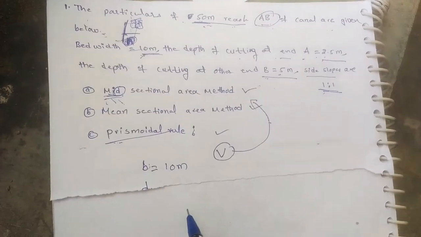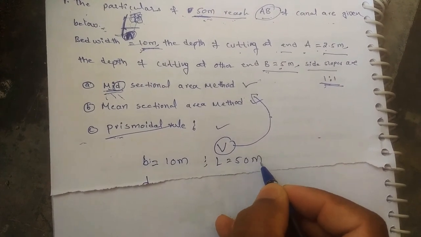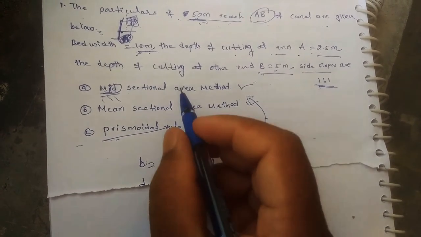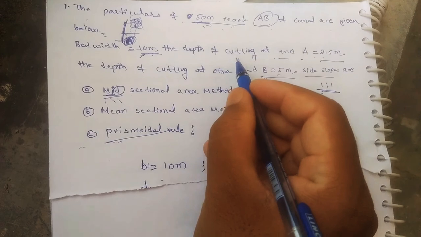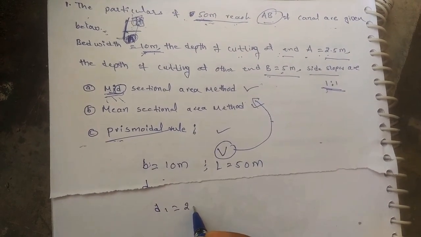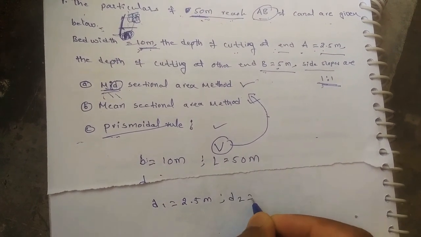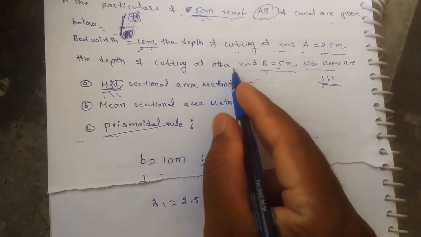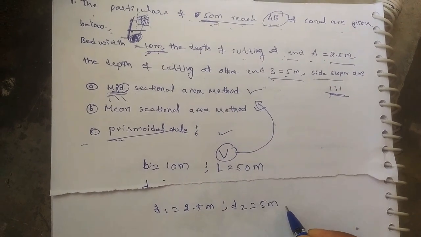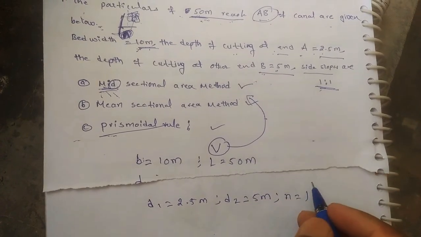L is equal to 50 meter, and bed width is 10 meter, and depth at end 1, D1, is 2.5 meter, and D2, the depth at the other end, is 5 meter. Side slopes, so n is equal to 1:1, means 1.